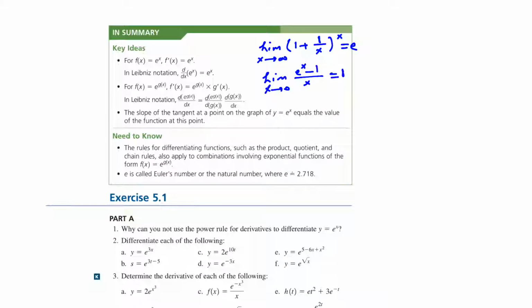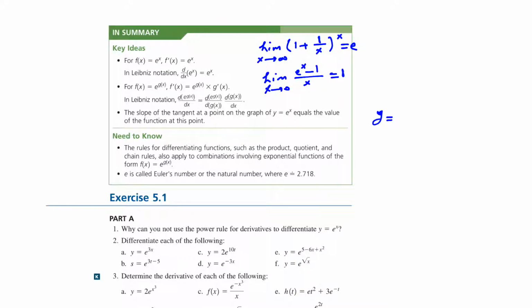We used a table of values and had the limit of (e to the power of x minus 1) over x as x approaches 0 is 1. Using this limit, we showed the derivative of e to the power of x is itself, and the derivative of e to the power of g of x is g prime of x times e to the power of g of x.